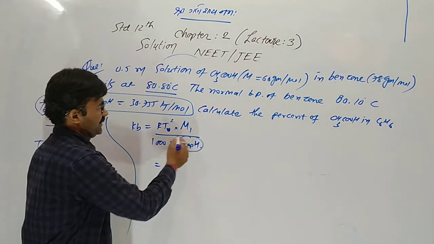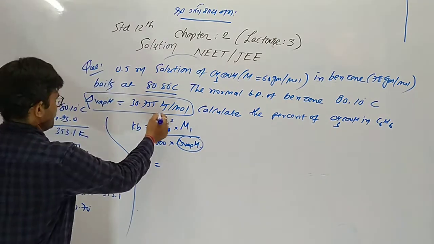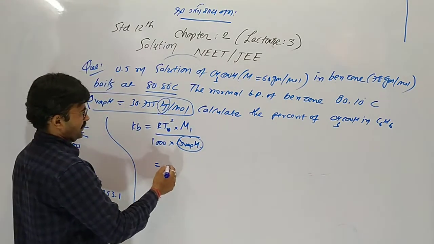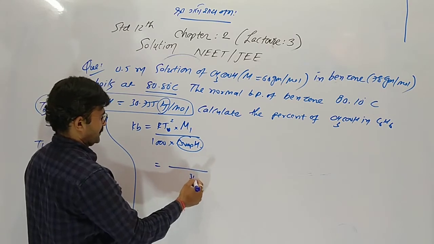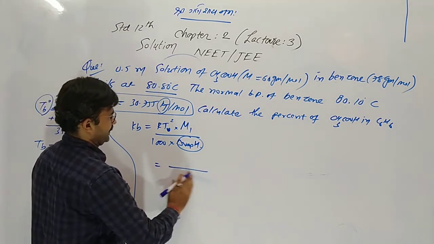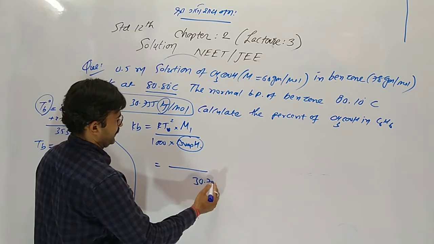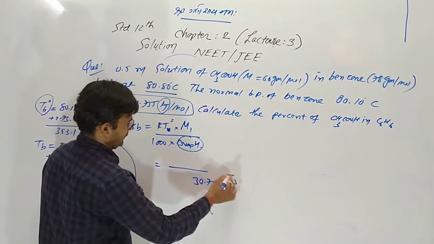Here vaporization enthalpy is given in kilojoule, so first we have to convert it into joule: 30.755 into 10 raised to 3.